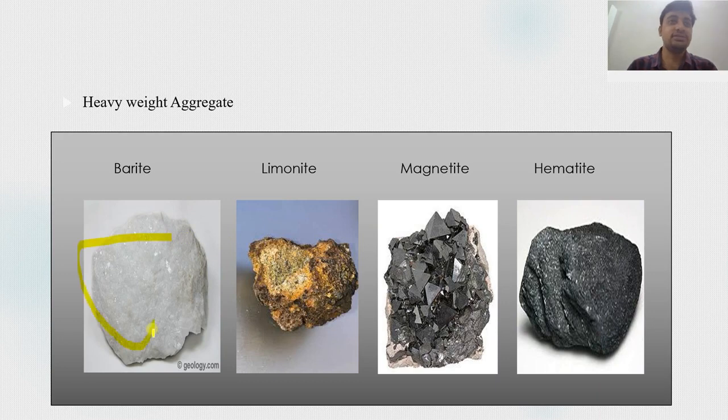So these are the pictures of the barite, limonite, magnetite, and hematite. These are the photos of the heavyweight aggregates whose density is high compared to the normal aggregates, and the light aggregate, whose density is low compared to the normal aggregates.